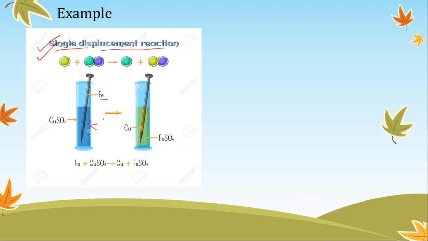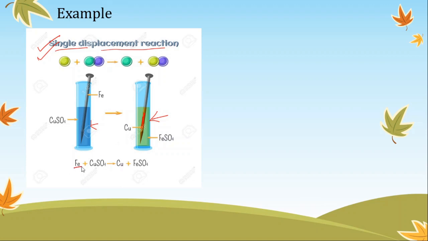We'll leave this solution for some time, and after that we will observe that the color of the solution has changed from blue to green, and there is some brownish deposition over this iron nail.